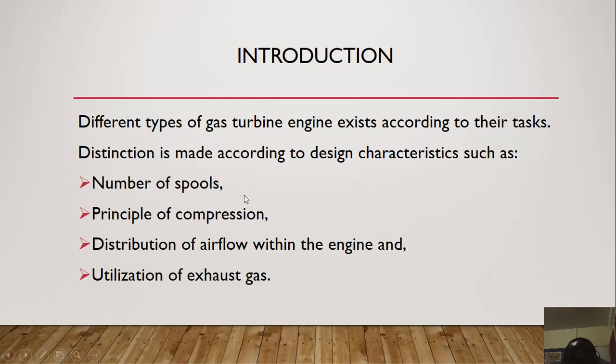The design characteristics are the number of spools, the principle of compression employed in the gas turbine, the distribution of airflow within the engine, and the utilization of the exhaust gas. Those are the design characteristics used to differentiate.